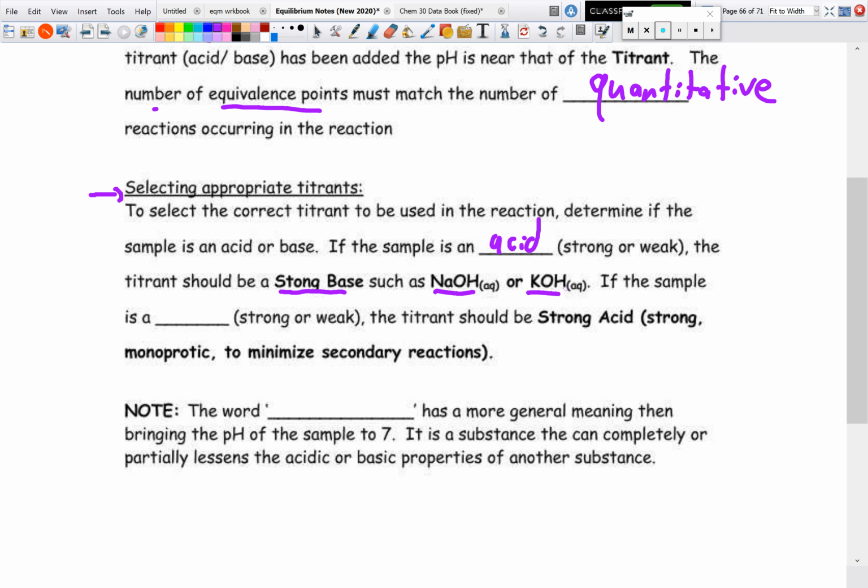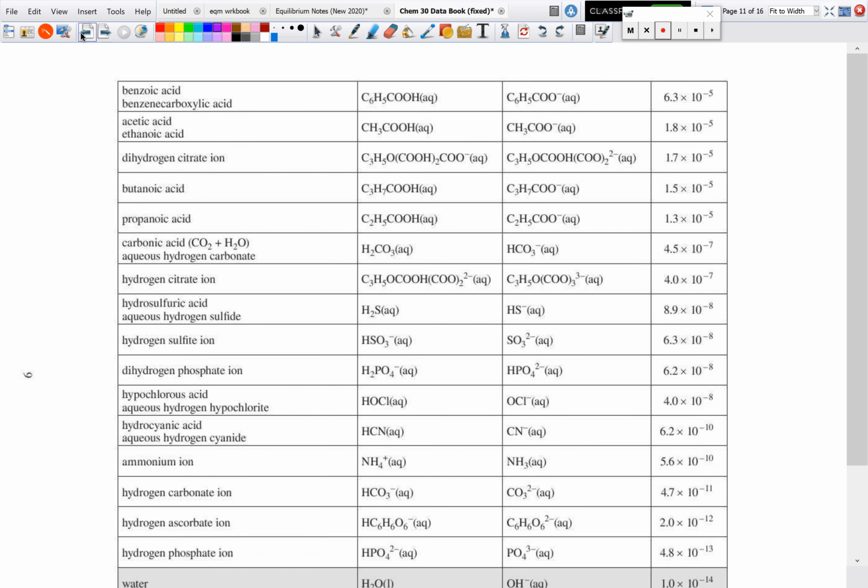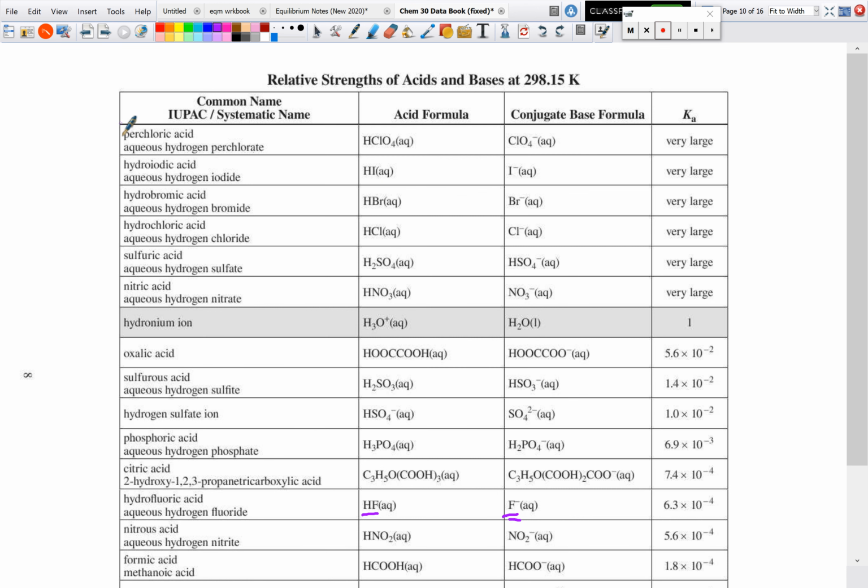This is just to make sure that in our reaction, we have at least one strong entity in there to get a quantitative reaction. Whereas if the sample is a base, the titrant should be a strong acid, specifically monoprotic, to minimize second reactions. So out of our 6 strong acids, basically 5 of them should be there.